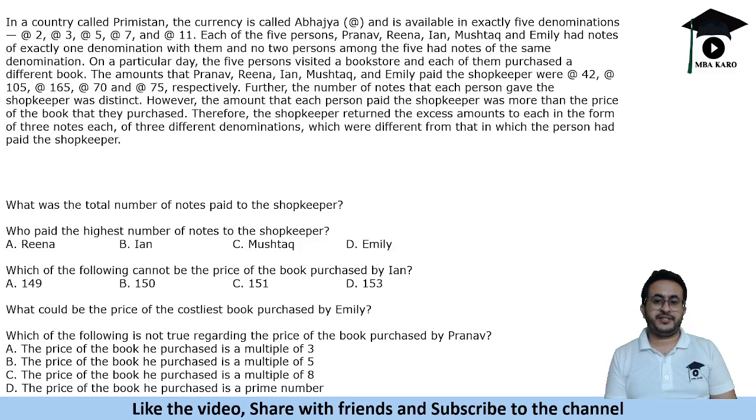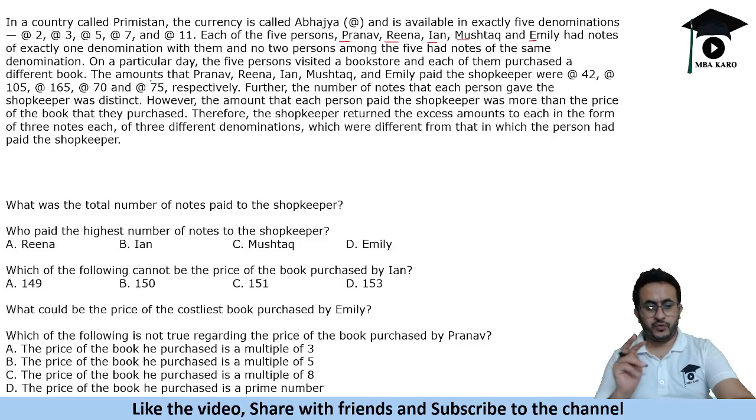Each of the 5 persons, Pranav, Reena, Ian, Mushtaq and Emily, so their names are also prime, deliberately created in that manner, had notes of exactly one denomination with them, and no 2 persons among the 5 had notes of the same denomination.